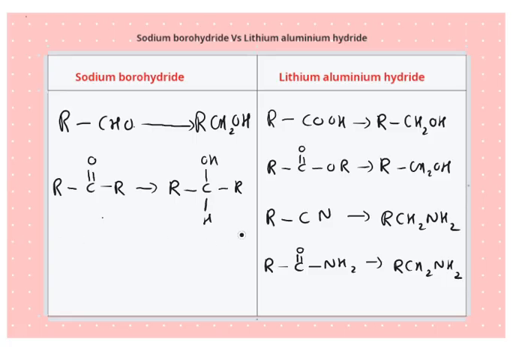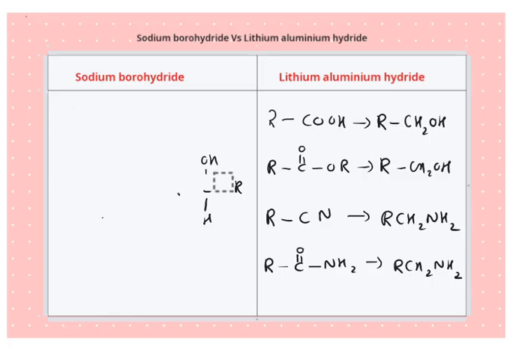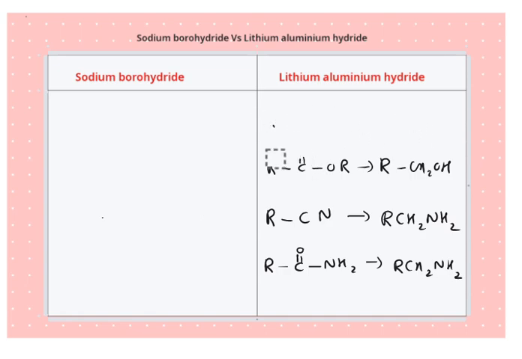Now, we have to identify one more difference between these two reagents. What is it? It is about the alpha beta unsaturated carbonyl compounds. What exactly does it mean? Let me explain with an example.